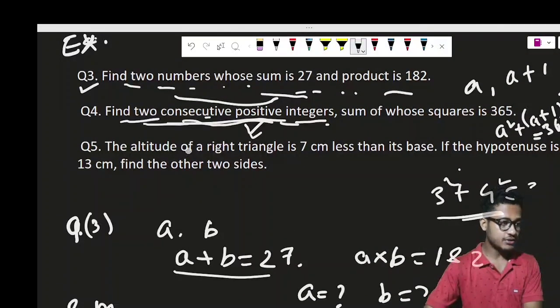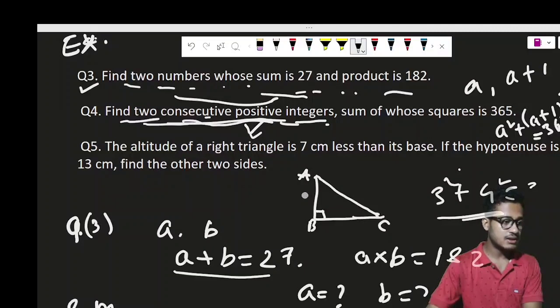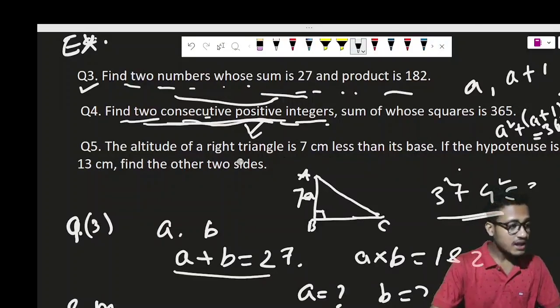The altitude of a right triangle is 7 centimeter less than its base. That means if this is a triangle and if this is 90 degrees, then this is called a right triangle. If this is A, B, C, then what is altitude? This is altitude.